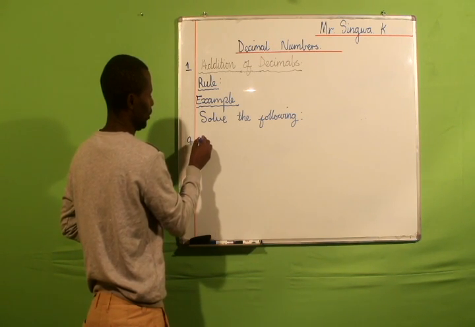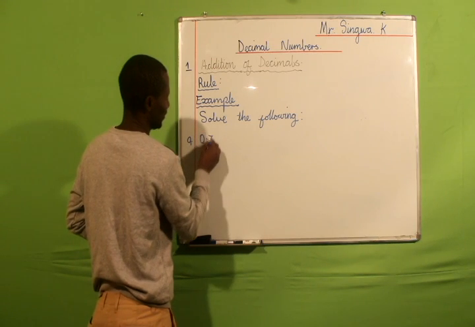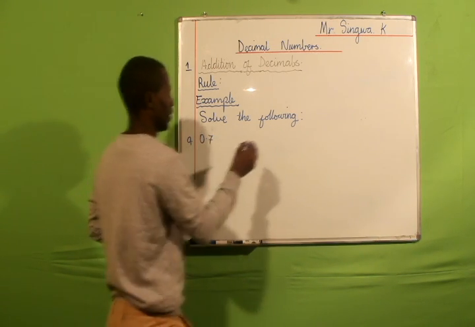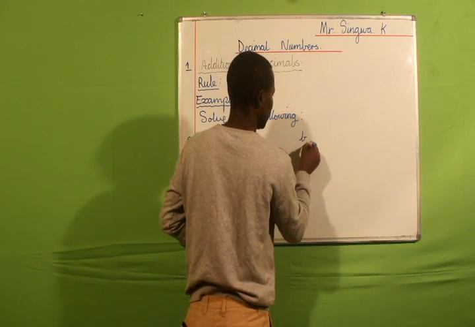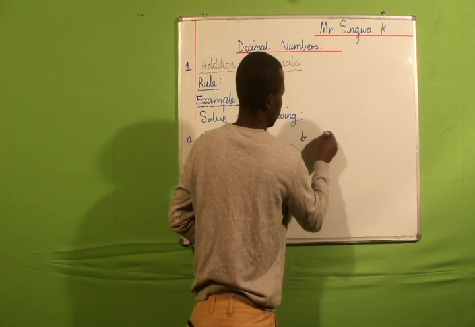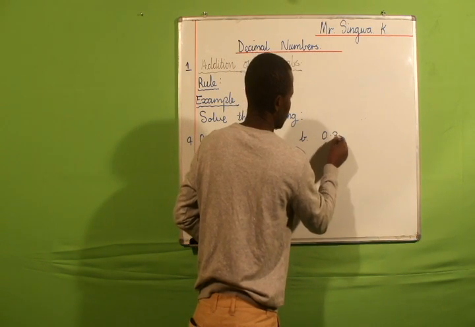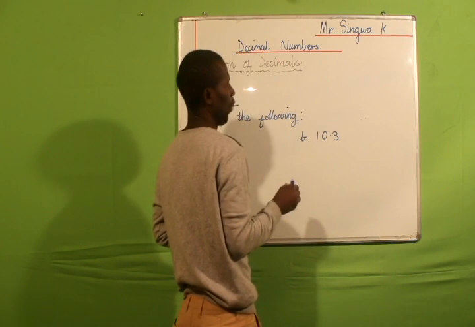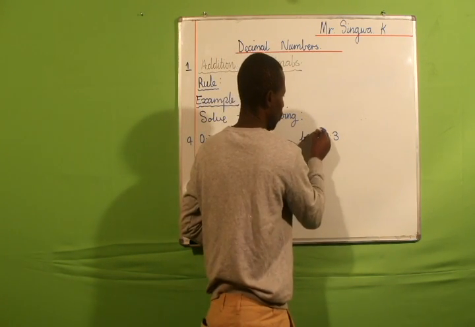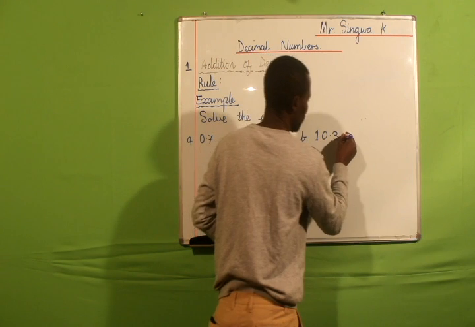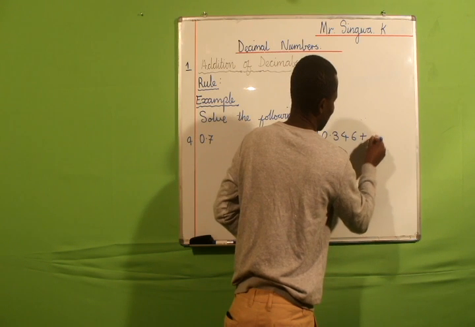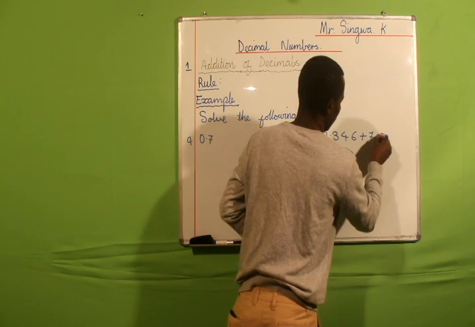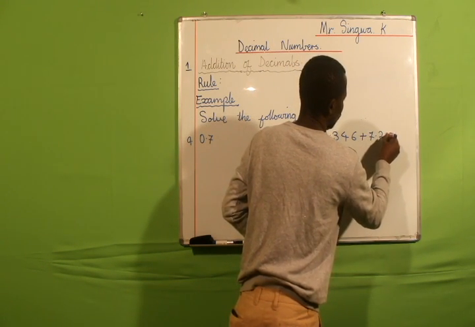Example A is going to be 0.7 plus 0.346 plus 7.2.